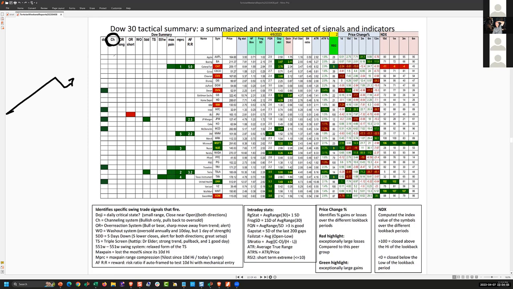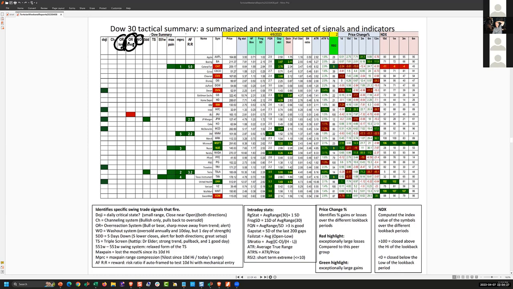But this one looks for the same setup criteria, and if any of those were channeling, in other words, were they above the 200-day moving average and oversold, then this would fire with a green light. The same thing with the overreaction long or overreaction short, because the overreaction can go both directions.